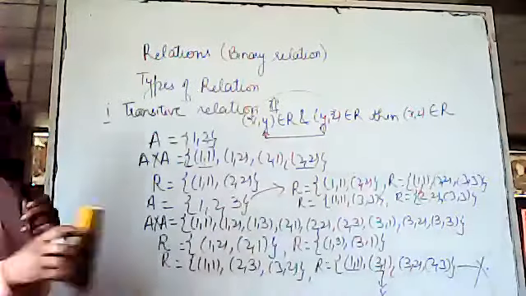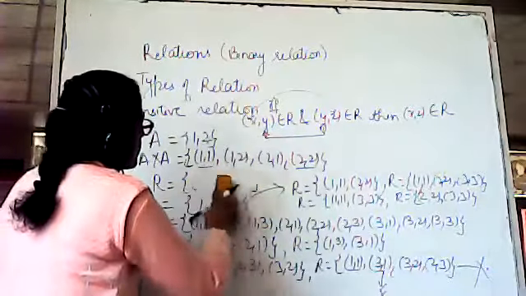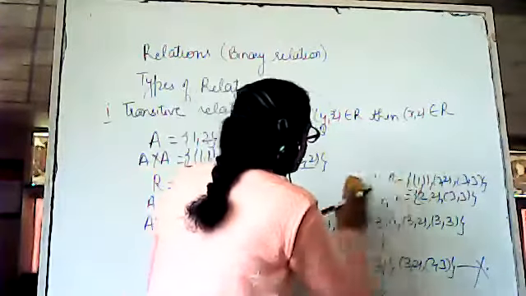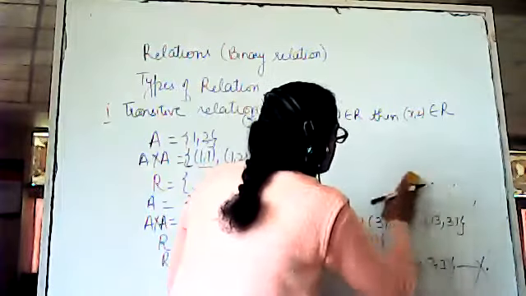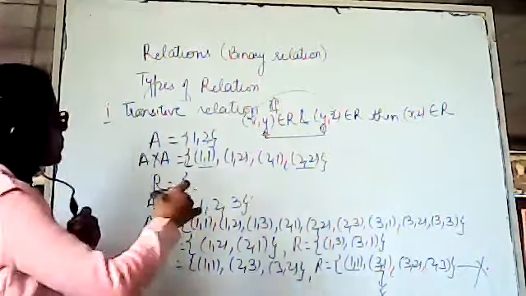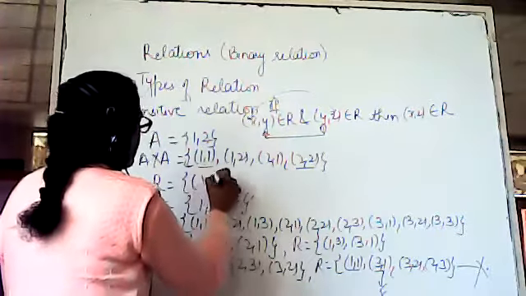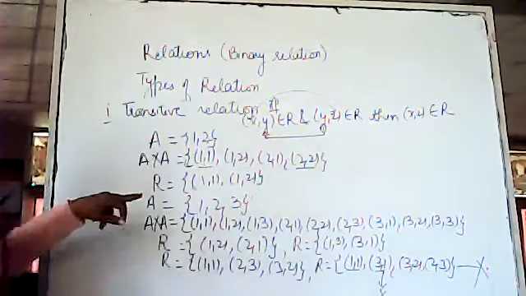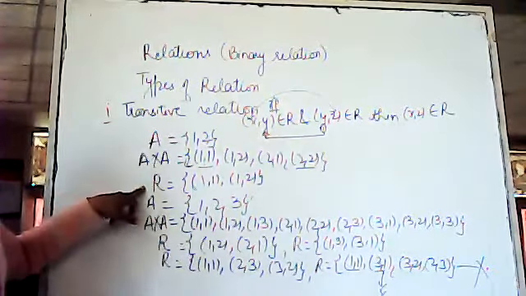For example, let us suppose we are having a relation R as 1, 1, 1, 2. This is a transitive relation. How is it transitive?